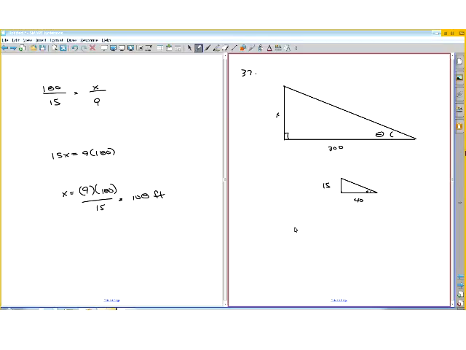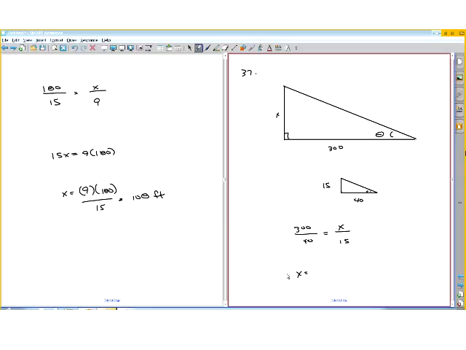So again, it's the same deal. We take 300 divided by 40 is equal to x divided by 15. So obviously this number is going to be less than 300. And it's probably going to be, whatever this ratio is.